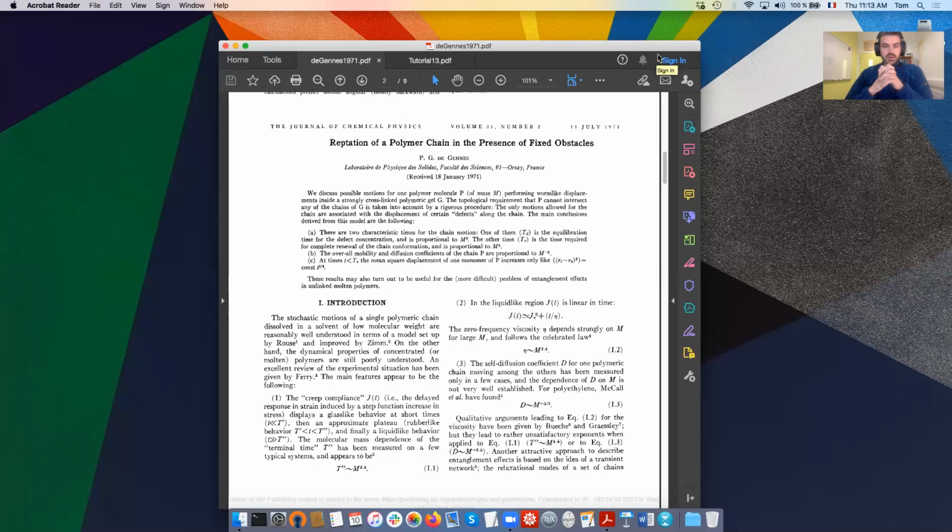Before we start, let me introduce to you a final book that I recommend warmly. Here it is. It's a book called Soft Interfaces, and it is in fact the lecture given by de Gennes at the Dirac Memorial where he received the prize.